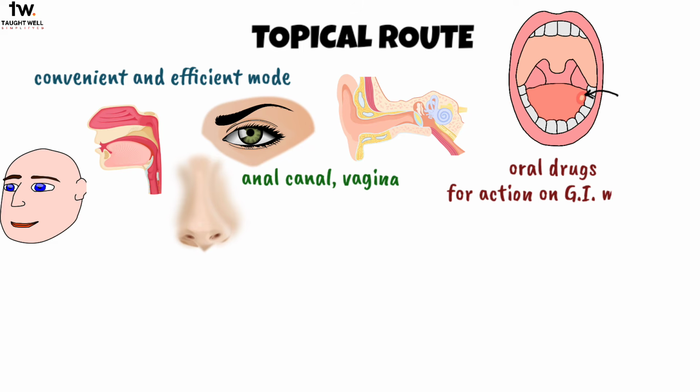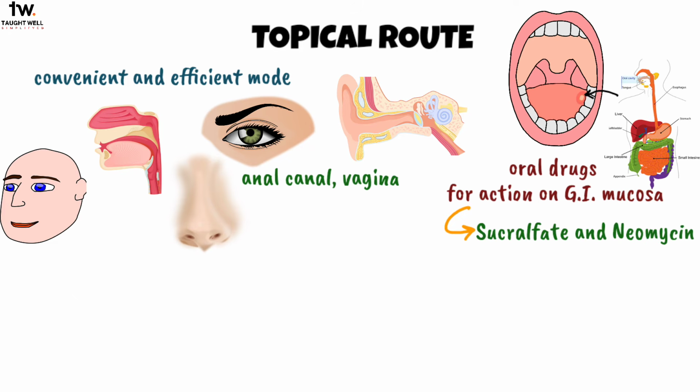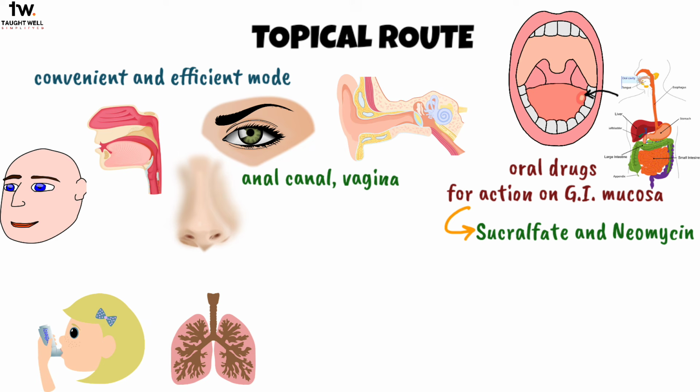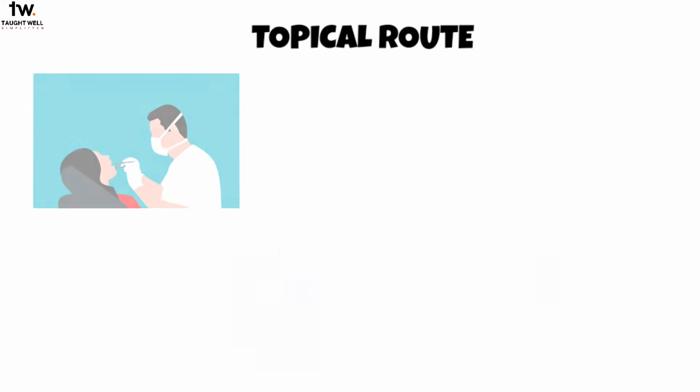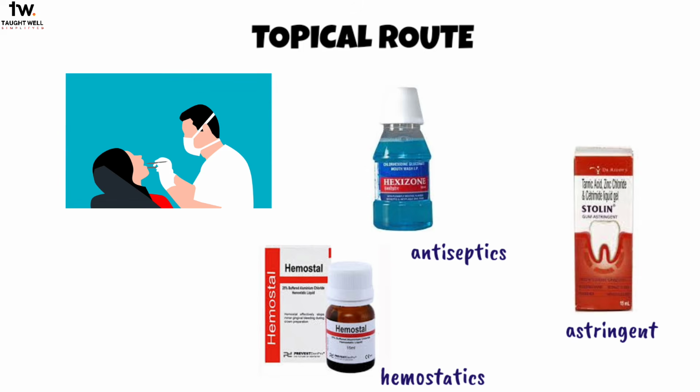Examples include non-absorbable drugs given orally for action on GI mucosa, such as sucralfate and neomycin, inhalation of drugs for action on bronchi such as salbutamol and fluticasone propionate, and irrigating solutions or jellies like povidone iodine and lidocaine applied to the urethra, or other forms of topical medication. In dental practice, antiseptics, astringents, hemostatics are often applied as paints, toothpastes, mouthwashes, gargles, or lozenges.